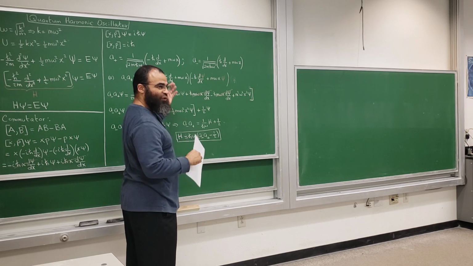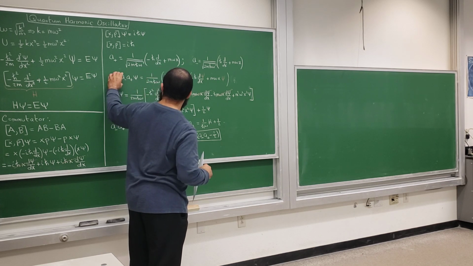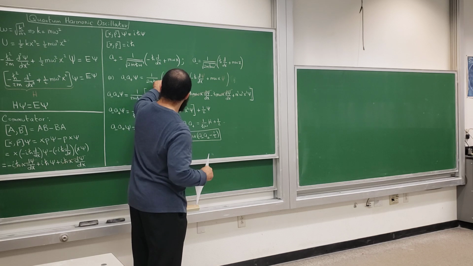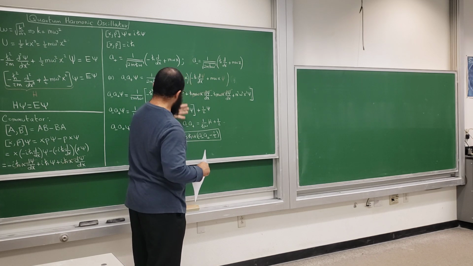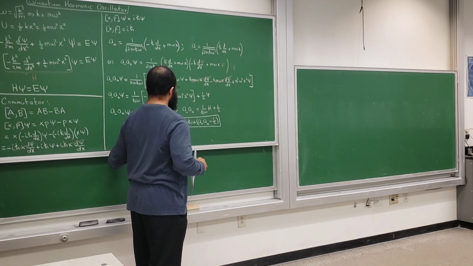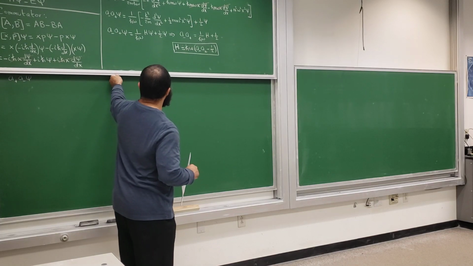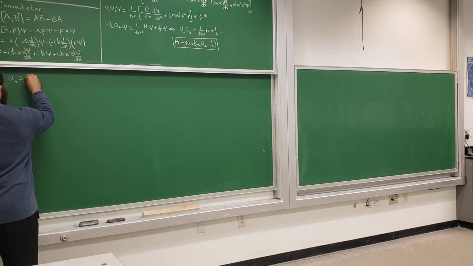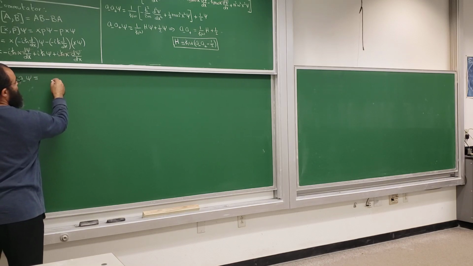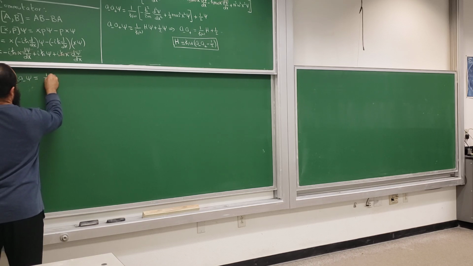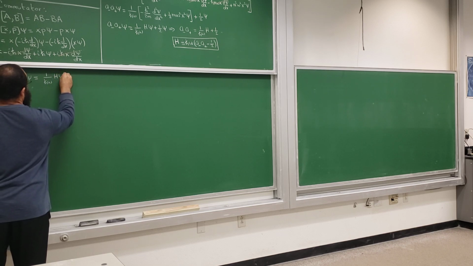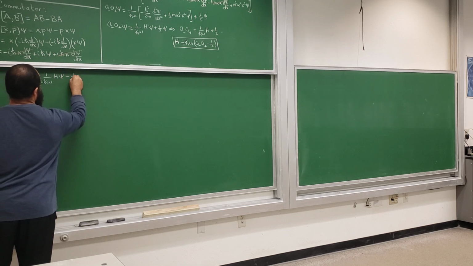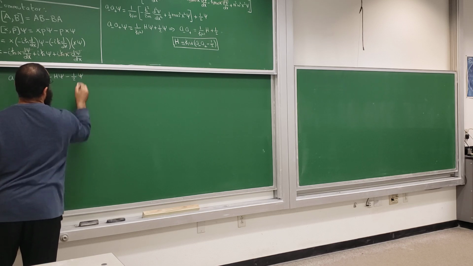Because I don't want to repeat the whole derivation. So what happens? You just write this step. You have a plus, a minus sign here, a plus sign there, and you will FOIL it. And when you do that, here's what you will get: a plus a minus is equal to 1 over h bar omega h psi minus 1/2 of psi.